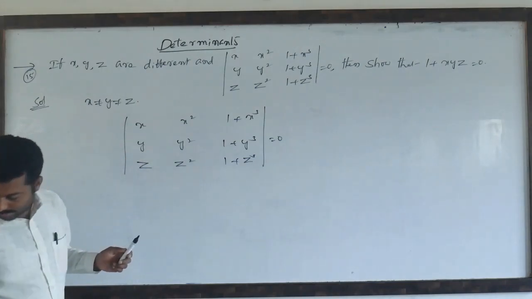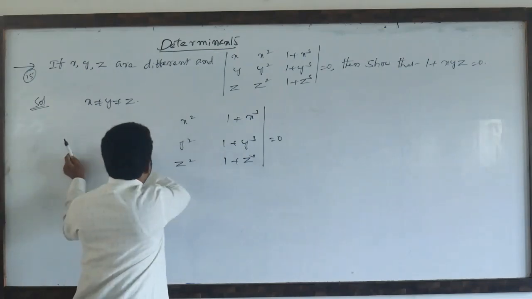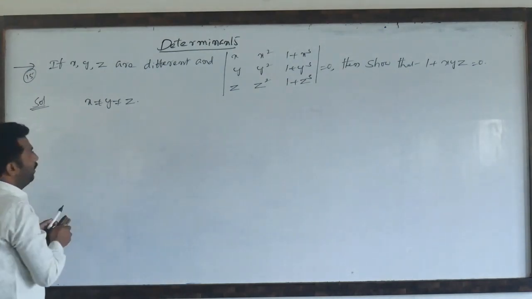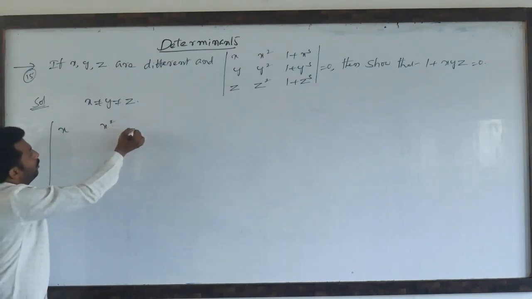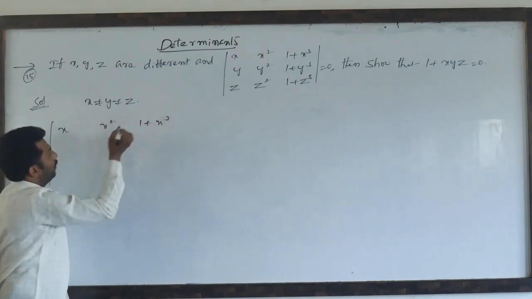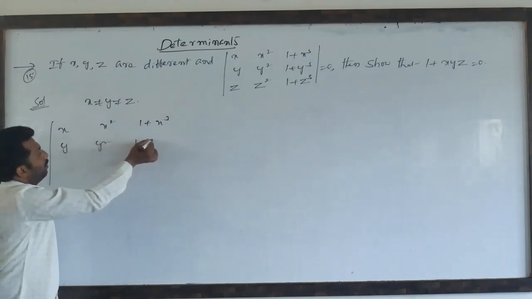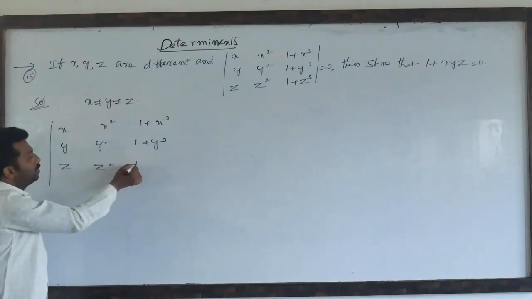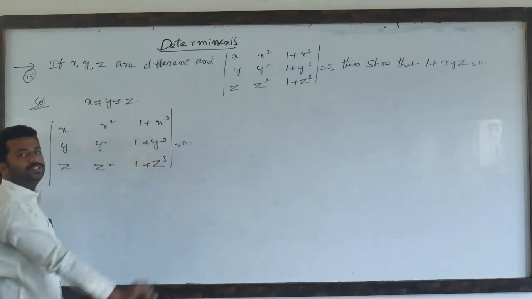I will write this side. See here. What are given? x, x square, 1 plus x cube; y, y square, 1 plus y cube; z, z square, 1 plus z cube equal to 0.